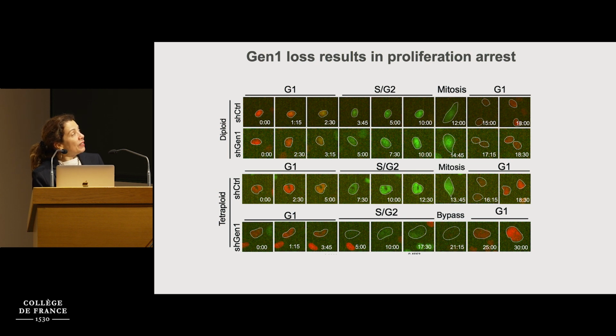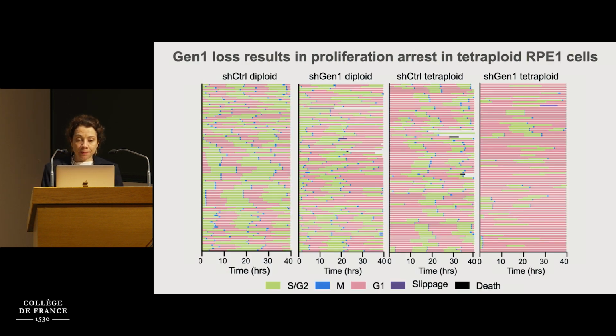We can see that indeed without Gen1, diploid cells go through the cell cycle. With Gen1, tetraploid cells also go through the cell cycle as expected, but without Gen1, we start seeing something completely unexpected, which is they will spend more time in S phase, and then they will not enter mitosis, but they will actually go directly to G1. This is called mitotic bypass.